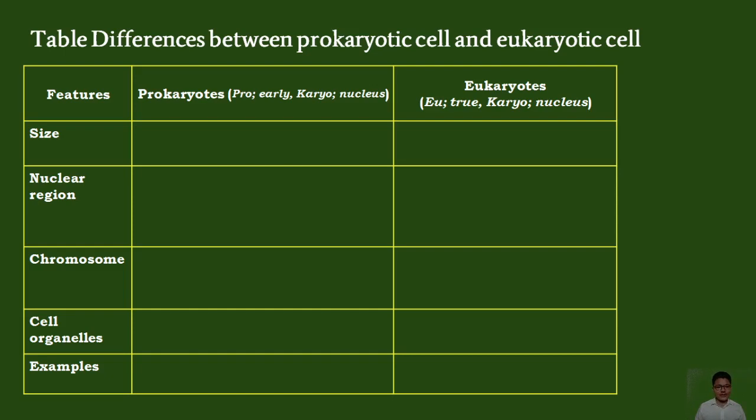Pro refers to early, karyo refers to nucleus. So early nucleus means a nucleus which was there long back, a primitive nucleus. In case of eukaryotic, eu refers to true, karyo refers to nucleus.